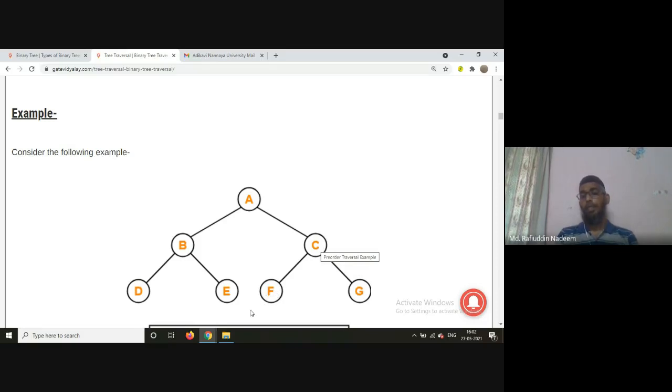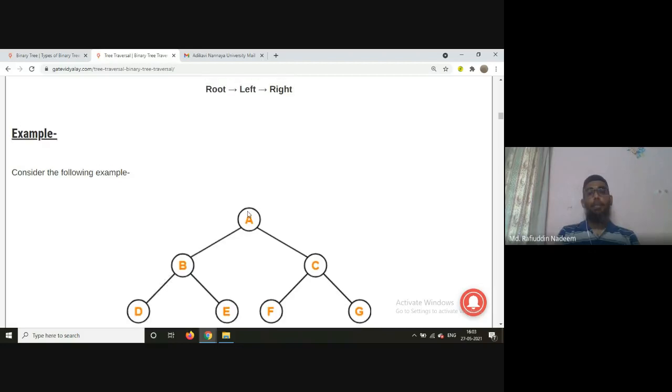F is visited. There is no left, there is no right. Again you go back to C. Its left is completed. Then you come to G. G is the root node. G is visited. There is no left, there is no right. Then you go to C. It is over. F is visited, G is visited. So the entire algorithm is completed.